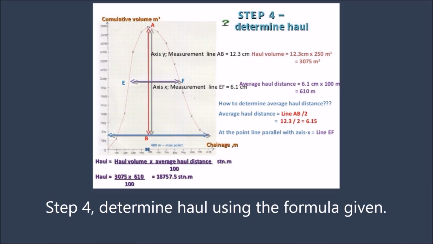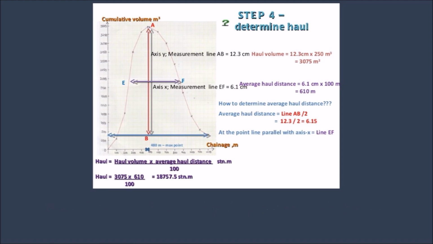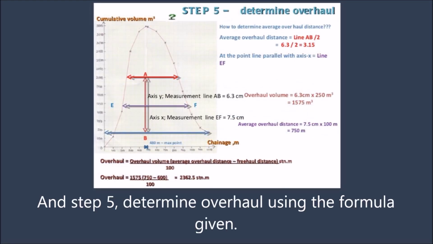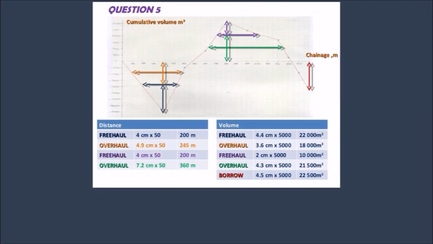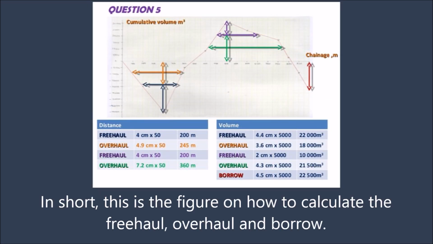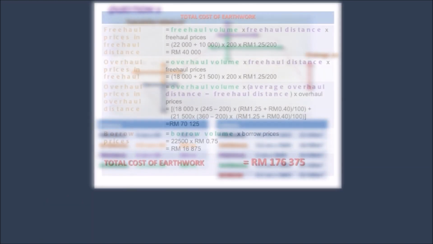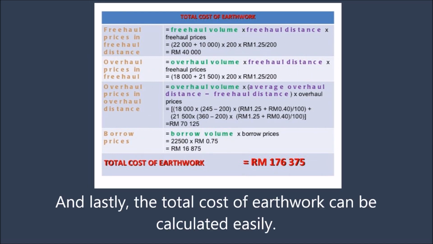Determine haul using the formula given. And step 5. Determine overhaul using the formula given. In short, this is the figure on how to calculate the free haul and overhaul. And lastly, the total cost of earthwork can be calculated easily.